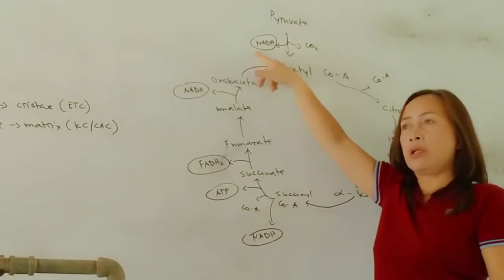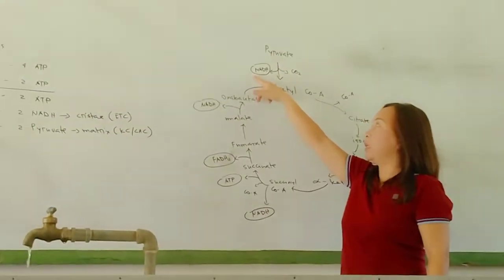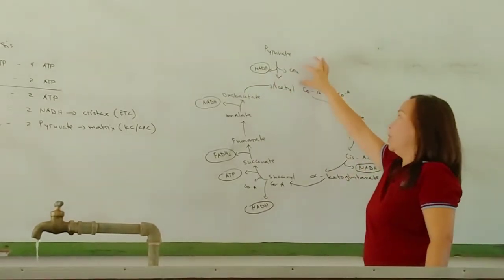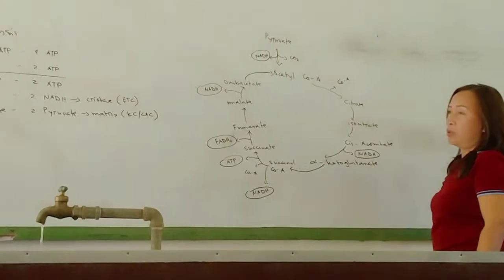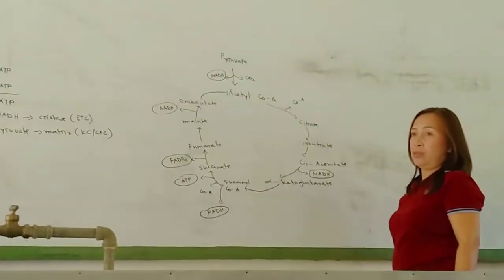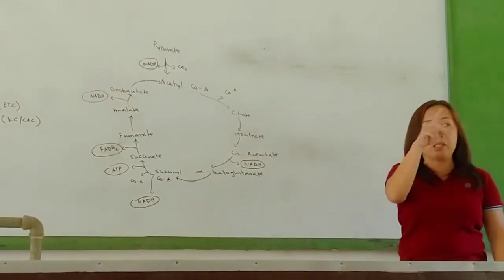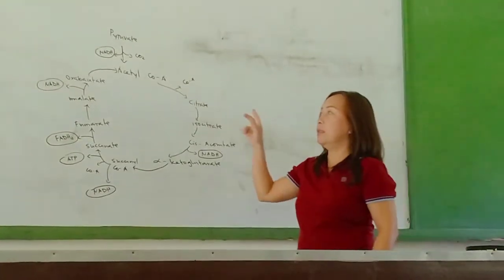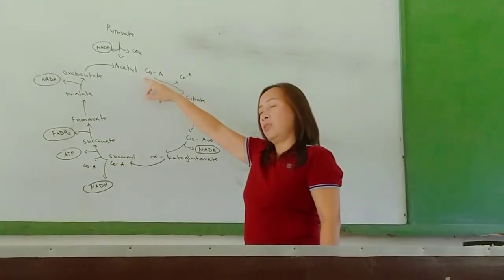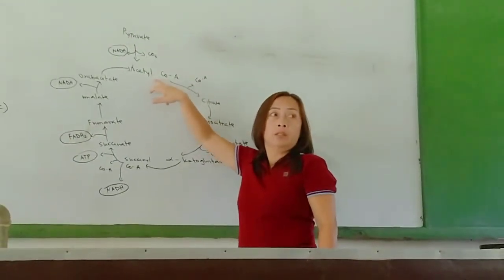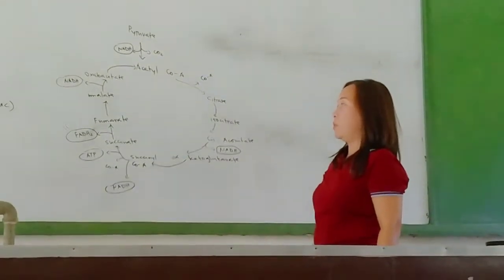So electrons are released and are trapped by the NAD, nicotinamide adenine dinucleotide. And of course, carbon dioxide is released. So that is decarboxylation. Pyruvate undergoes decarboxylation, meaning there is removal of carbon dioxide, and the result is the intermediate product acetyl-CoA with the participation of CoA.